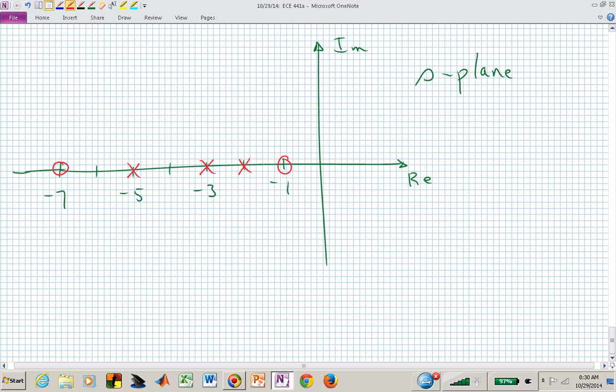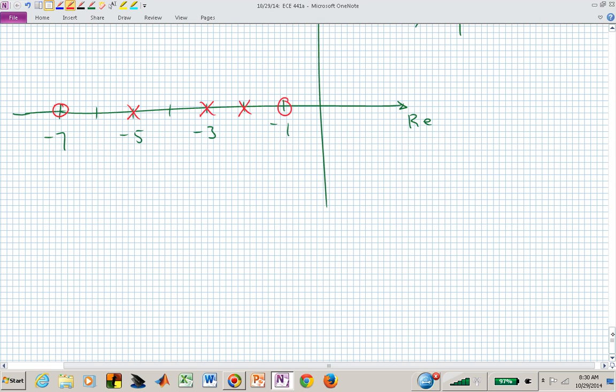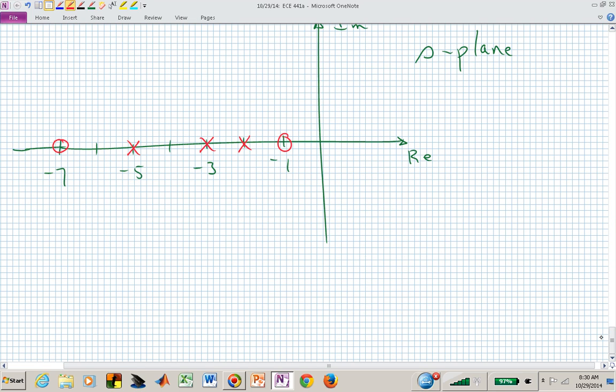Now what we want to do is identify, on this diagram, how many ways have we sliced and diced? How many segments have we identified on the real line by this placement of X's and O's? How many line segments are there?